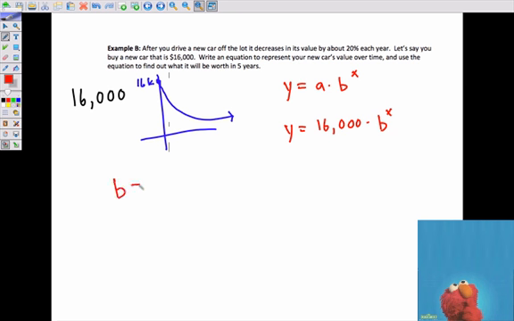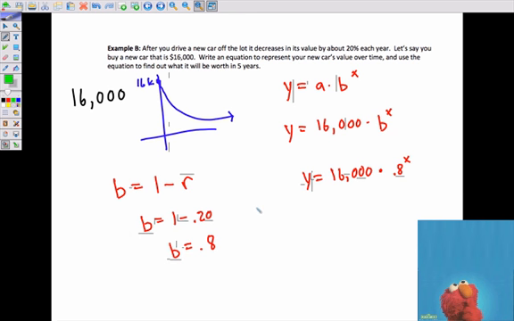Since this is an exponential decay situation, this is going to be 1 minus r, and we are decreasing, so that's where we get the minus from. The car is becoming less valuable each year, by 20%. So our b value is going to be 1 minus 0.20, which in this case is 0.8.